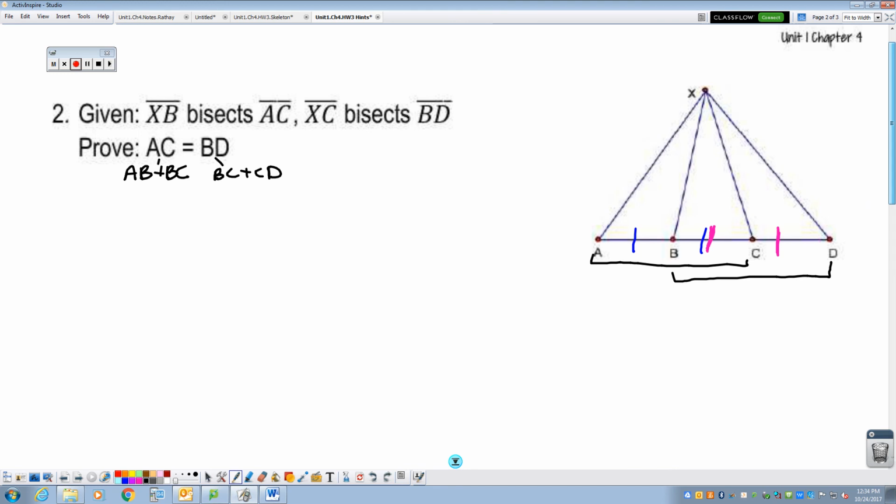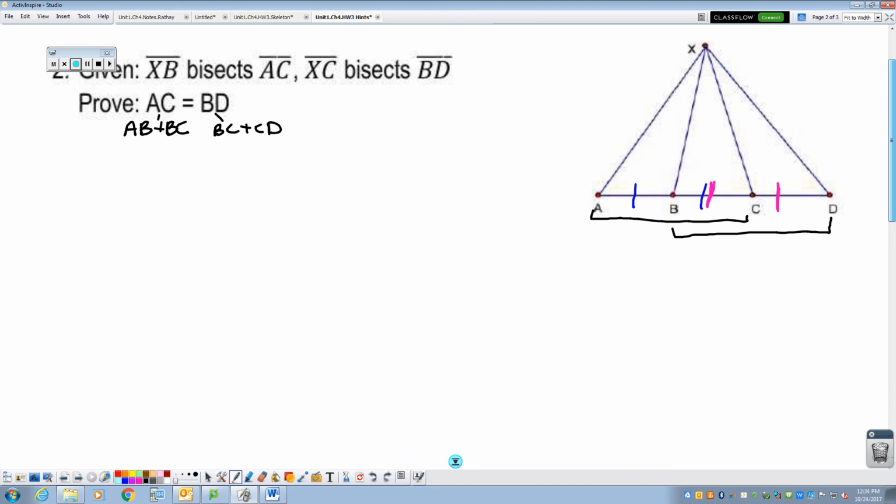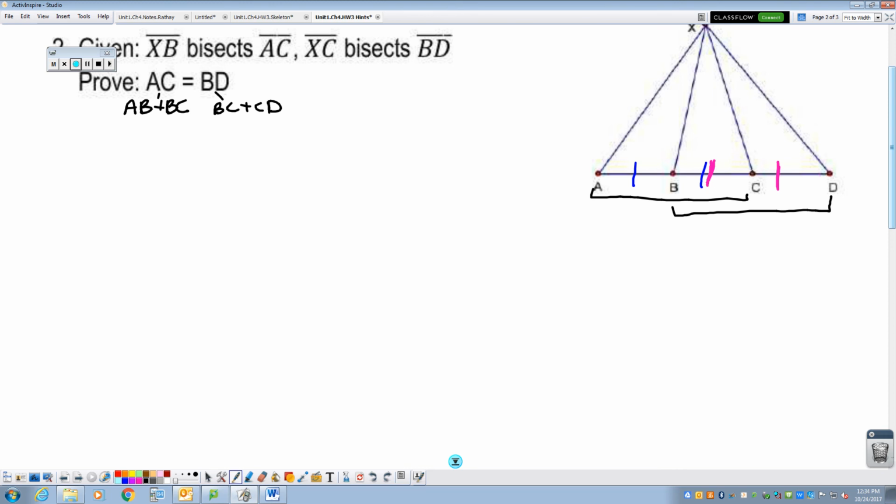It's going to take us a few steps to get there though, because they gave us bisectors instead of giving us segments. So my first given is that XB bisects AC. A segment bisector intersects a segment at its midpoint.